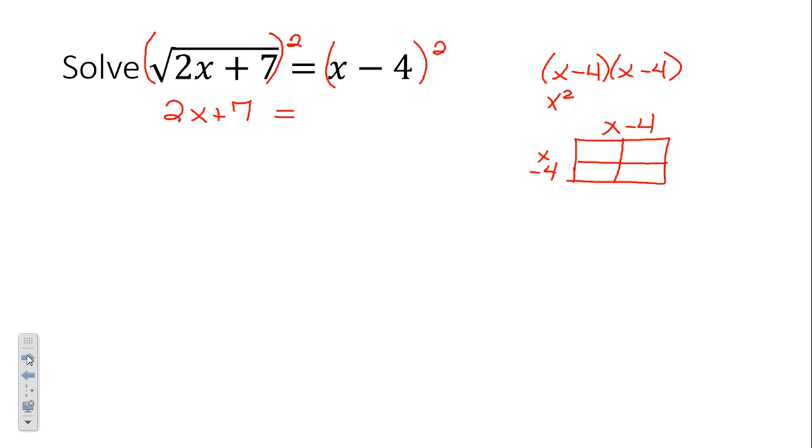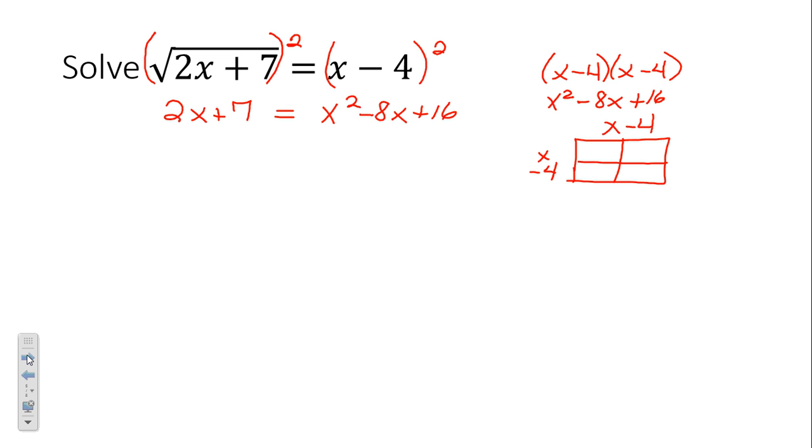What else? Good. And then last one. Perfect. Okay, so it is basically squaring the first term, multiplying these two together and doubling them, because it's the same thing twice, and then squaring the last term. Okay.